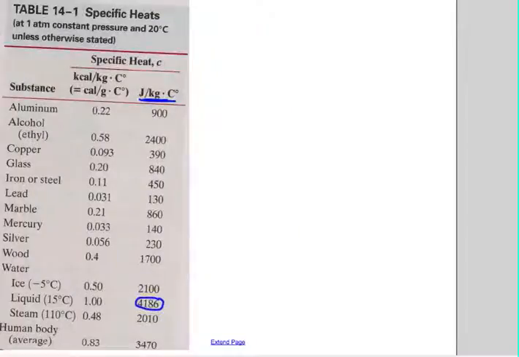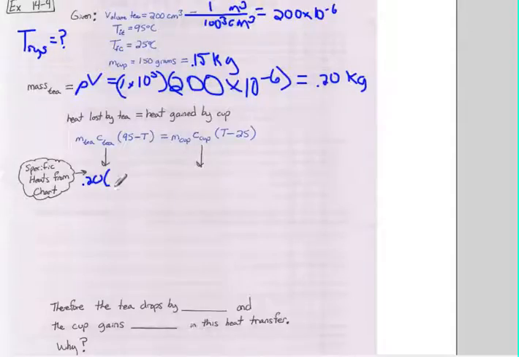Okay, so what did we say that number was? 4186. So 4186, and then we've got 95 minus T equals, the mass of the cup was 0.15 kilograms.